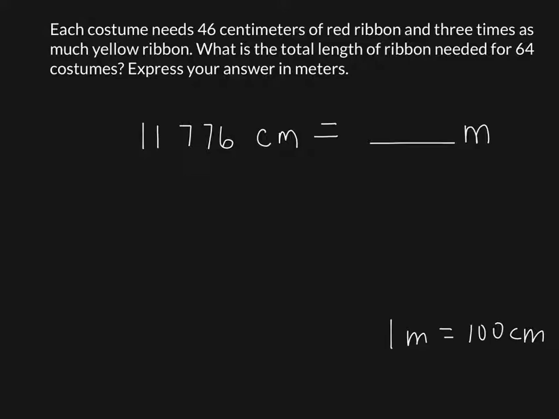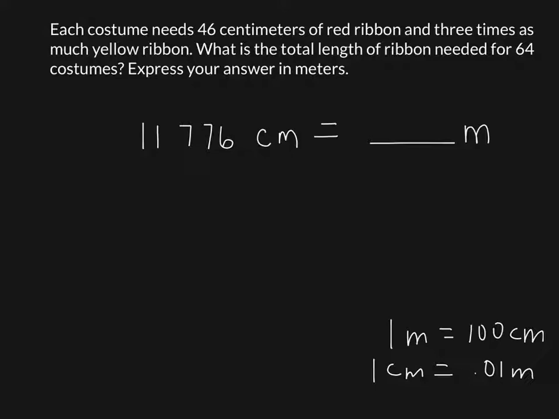How many meters are in a centimeter? And so if there are 100 centimeters in 1 meter, that means that in 1 centimeter there's going to be 1/100th of a meter. And I'm going to write it like a decimal this time around.